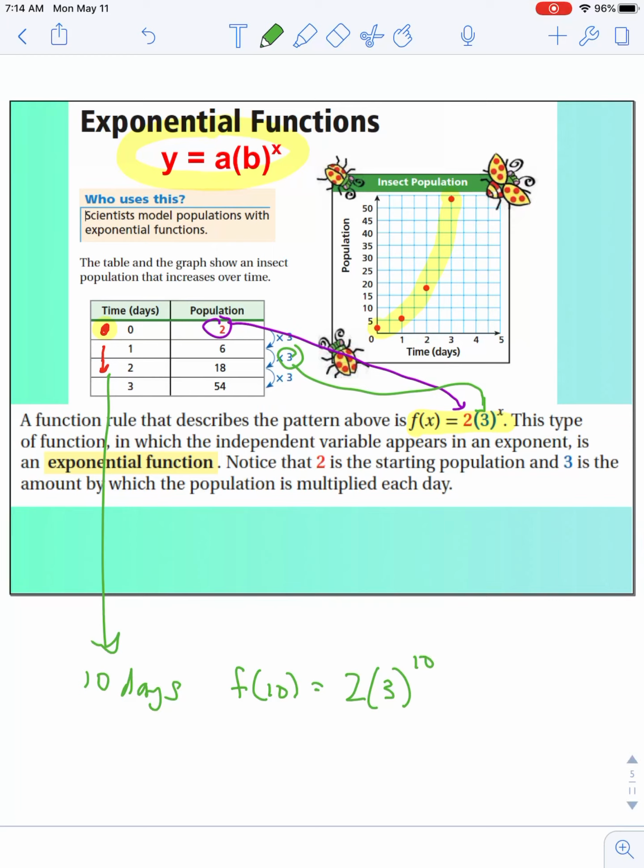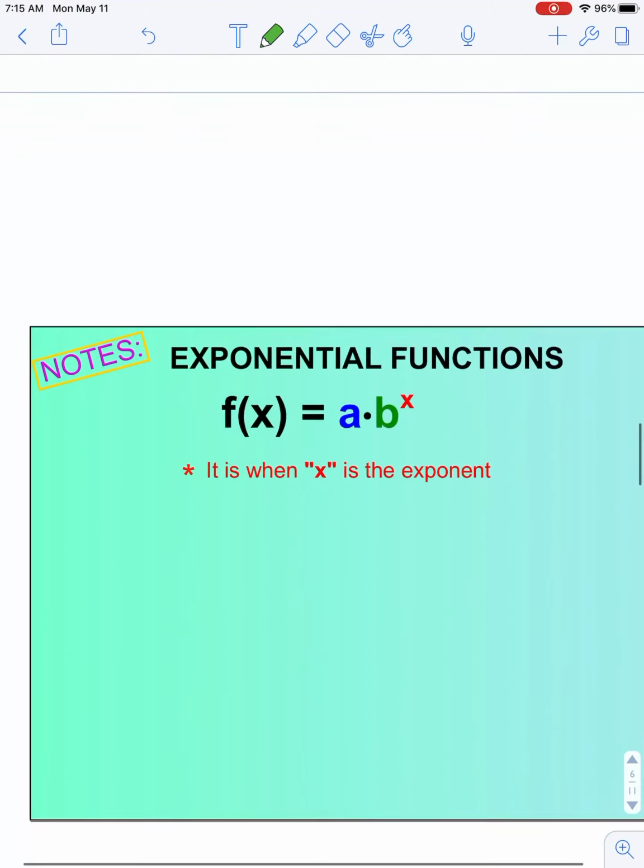If I go ahead and do that, 2 times 3 raised to the 10th power gives an insect population of 118,098. So wow, if that was an annoying bug, after 10 days you'd have a lot of them.